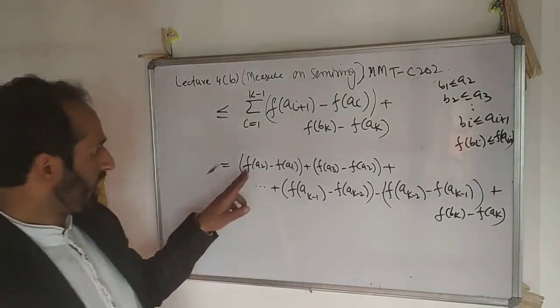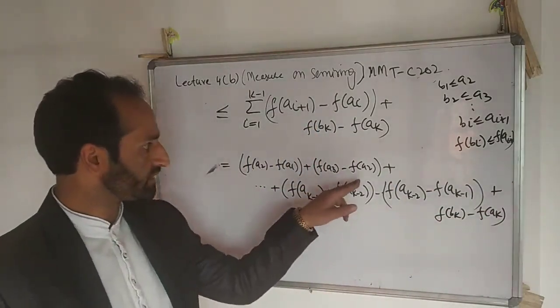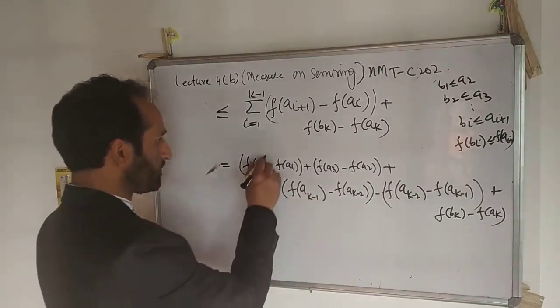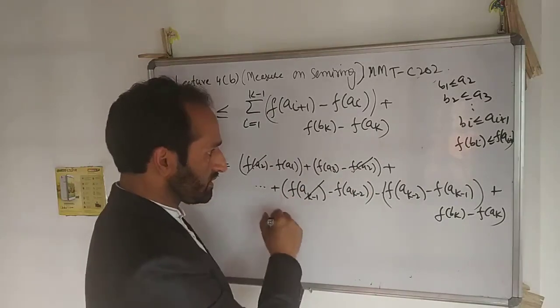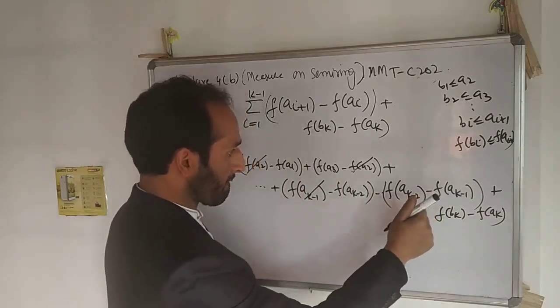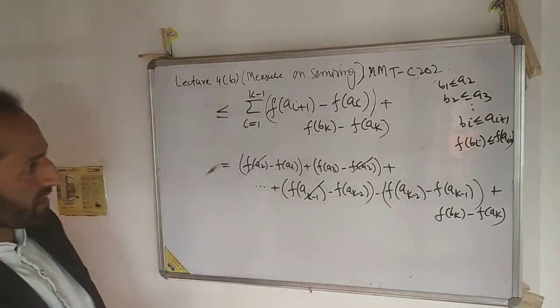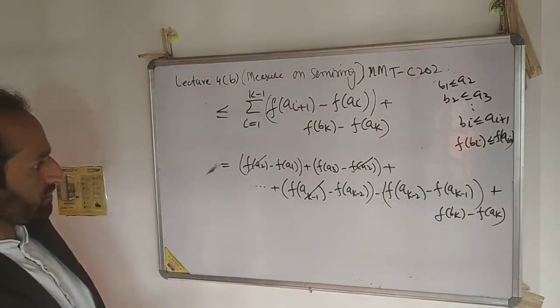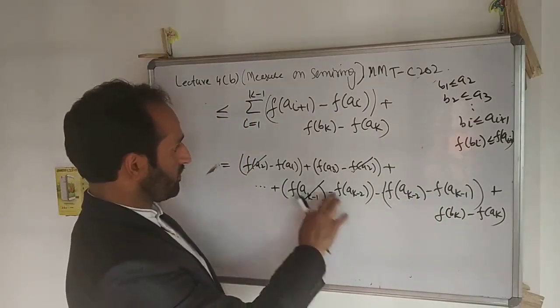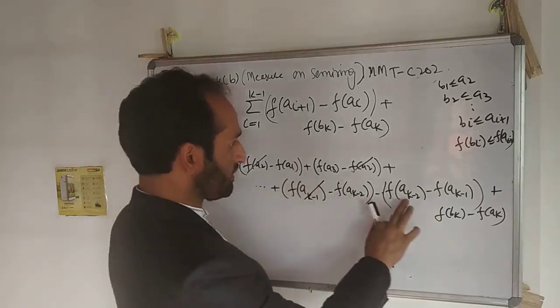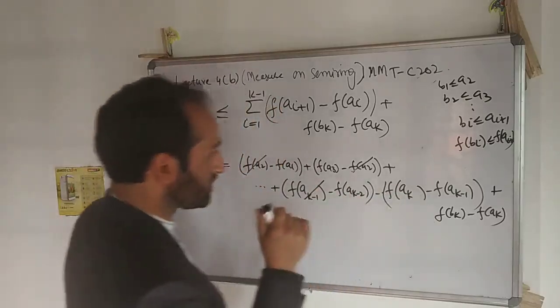Look at this sum: f of a2 will go with this minus f of a2. These two will go, and at the last, f of a(k-1) will go with this.